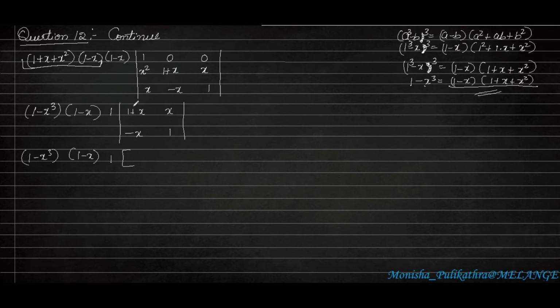Here 1 into 1 plus x into 1 is 1 plus x, minus x into x is minus x square. Okay. So it will become (1 minus x cube) into (1 minus x). Here 1 into anything is that itself, 1 plus x, minus into minus plus x square. Again you can notice the same thing, 1 minus x and 1 plus x plus x square.